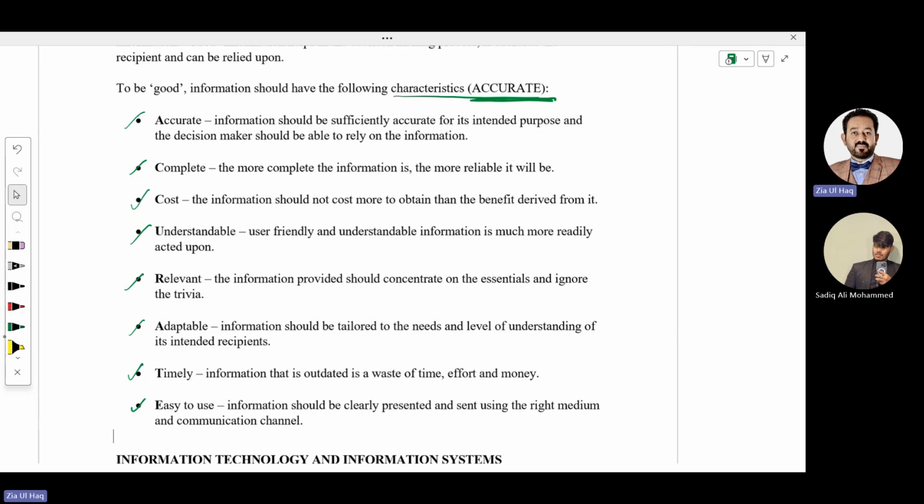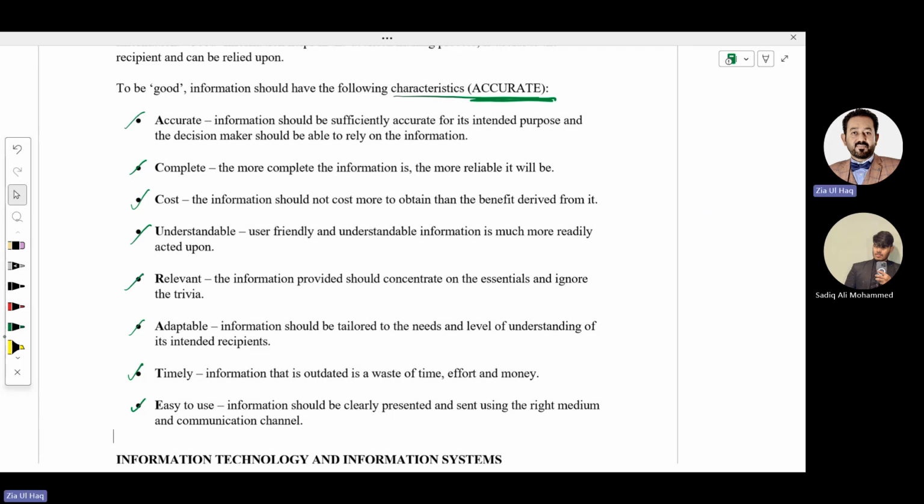And it should be timely, meaning information should be produced on a timely basis. You are providing information for the current year to the management so that at year end they can make plans for the future. If you provide information to management in February rather than before year end in December, the management will not be able to make plans for the future properly.